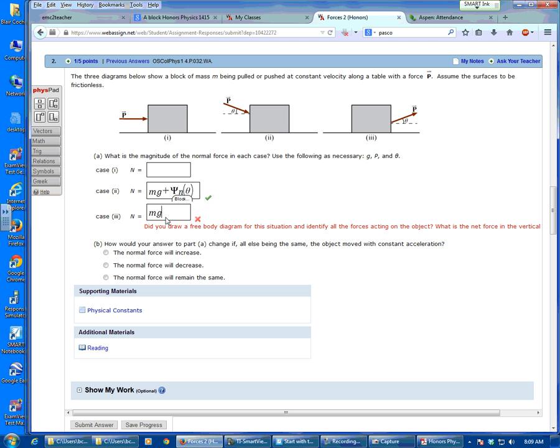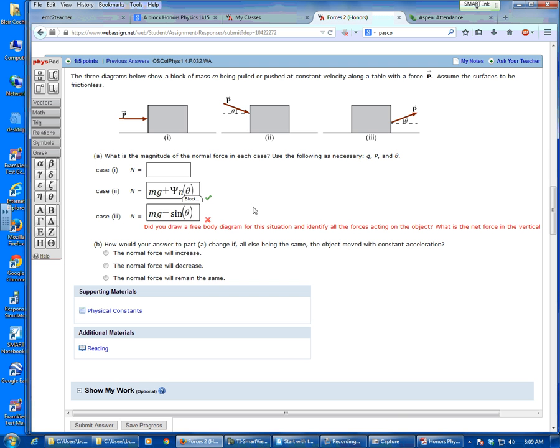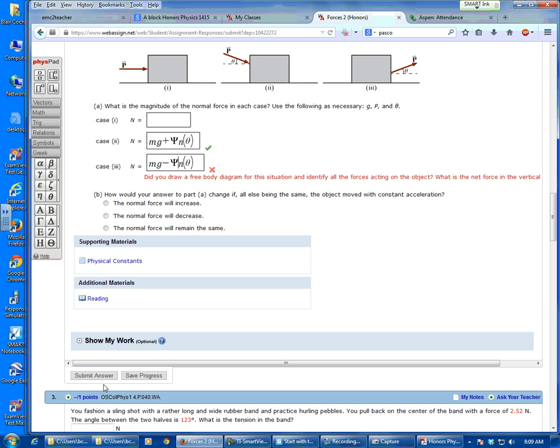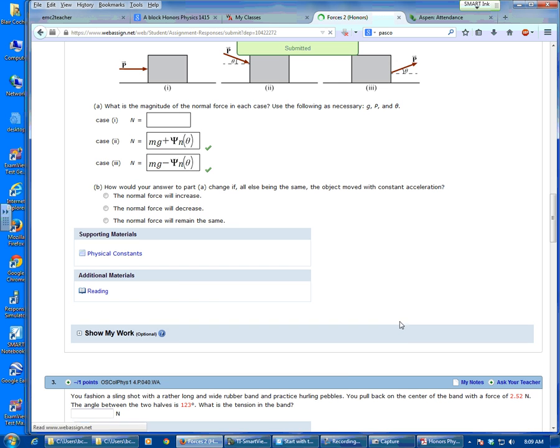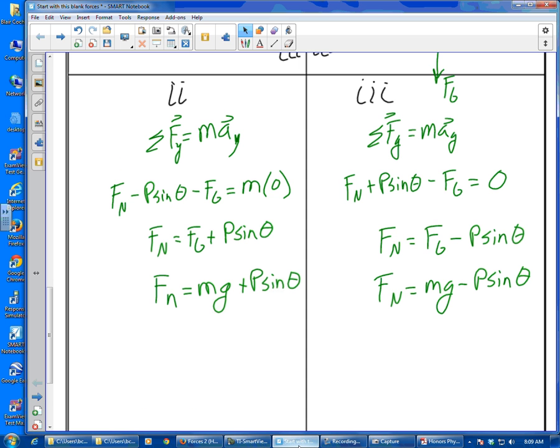That weird way is I type in my mg, and then I'm going to do minus, put in the sine, put in the theta, make sure that the theta is lowercase, and then I'm going to put in my uppercase P, shift P, change it to look at the uppercase psi, and parentheses, theta, parentheses, and that is going to be understood as correct in this screwed up answer.